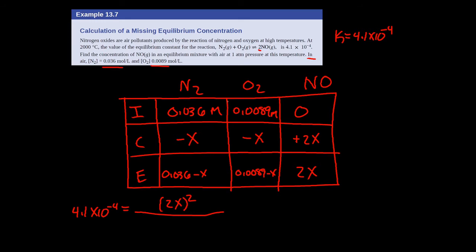We're supposed to. So the 2 affects the concentration, and the 2 affects the coefficient, the exponent here. It is supposed to be in both places. So we have 2x squared. That's our product. And then on the reactant side here, we have 0.036 minus x and 0.0089 minus x.